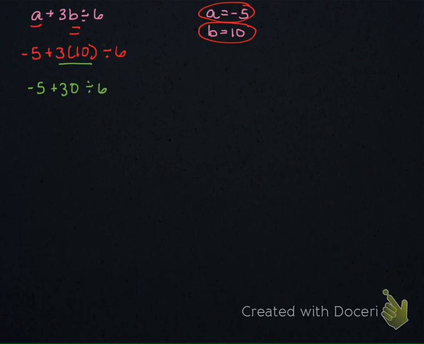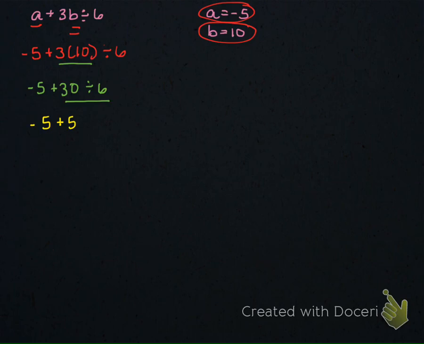Multiplication and division exist in the same step, and because the multiplication came before the division, left to right, we did it first. Now we need to go ahead and take care of the division in this problem as well. So the next thing we're going to do is do 30 divided by 6. The -5 again is not impacted, so we'll have -5. 30 divided by 6 is 5, and it is a positive, so we'll write plus 5.